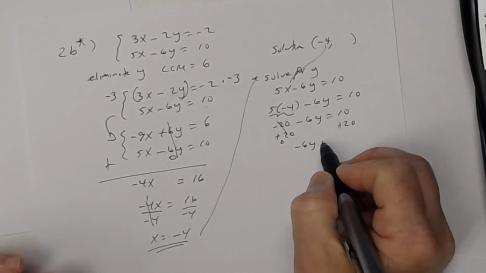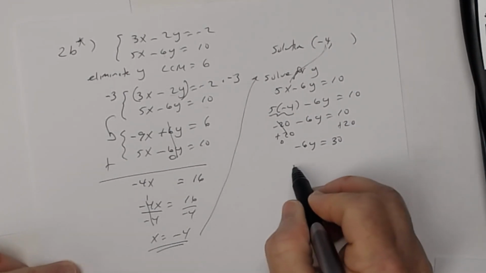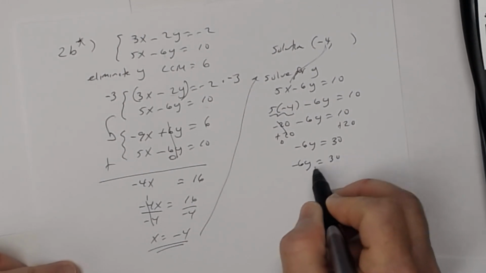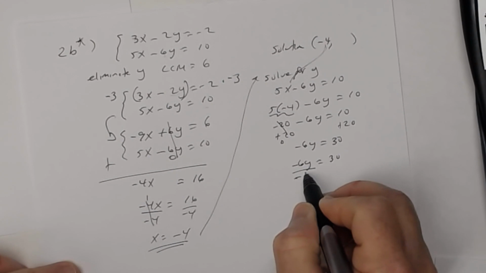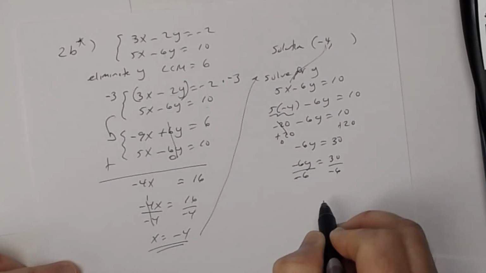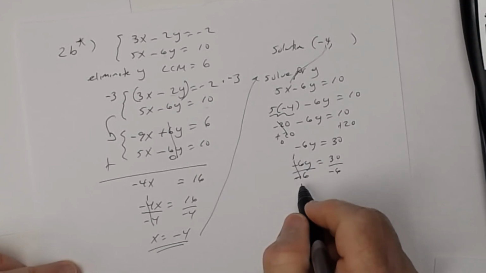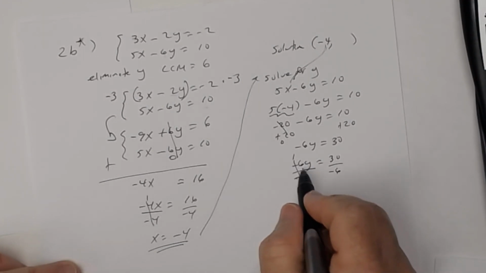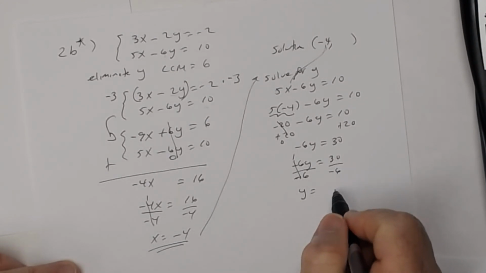A negative 6y equal 10 plus 20 is 30. And then to get y by itself, I'm multiplying y by negative 6. The opposite of multiplication is division. So I'm going to divide both sides by negative 6. Negative 6 divided by negative 6 is 1. 1 times y is y equal 30 divided by negative 6 is a negative 5.